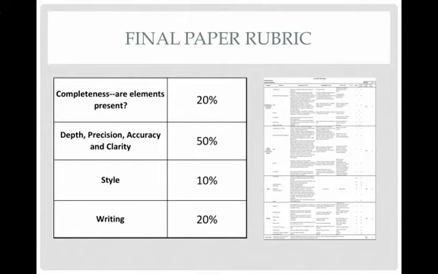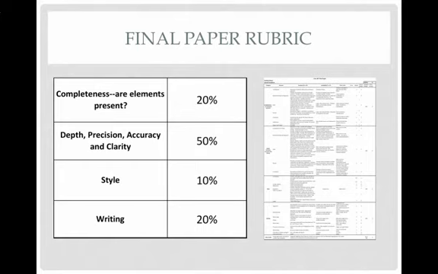And finally, depth, which I'll talk about at the end of this lecture, which is really getting into it, not being superficial, but really thinking things through. Okay, so these are things from the Universal Intellectual Standards. That's what makes a quality paper when you've really thought things through. That's the thinking part of the paper, and that's why it's worth the most.